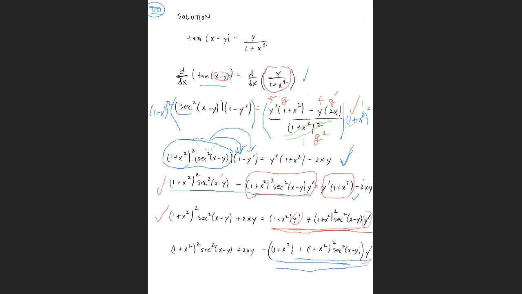So Nicholas, you could have multiplied by the quantity 1 plus x squared in the beginning, and you could have rewritten the equation. What Nicholas is saying is, our original equation was tangent of x minus y equals y over 1 plus x squared.